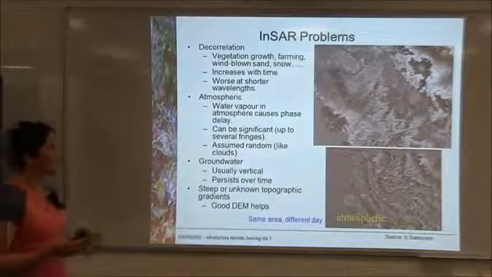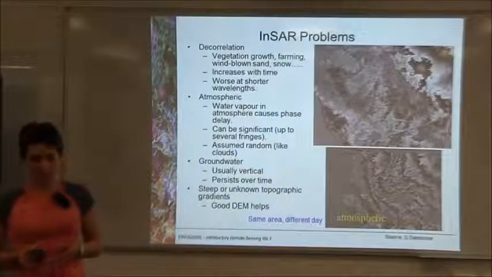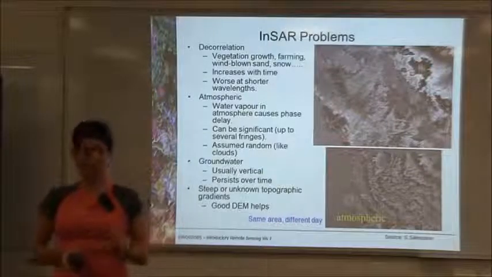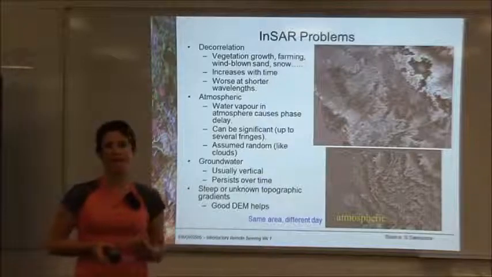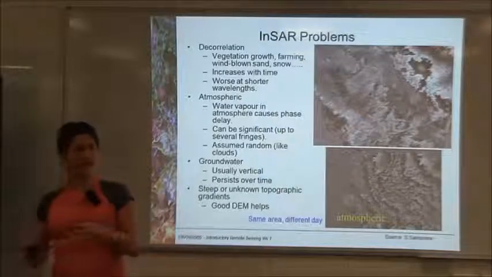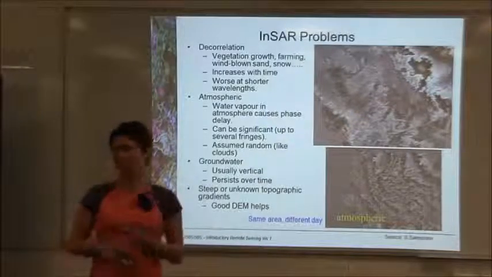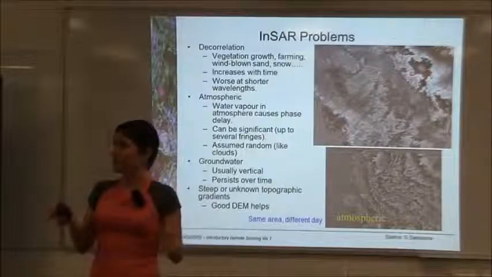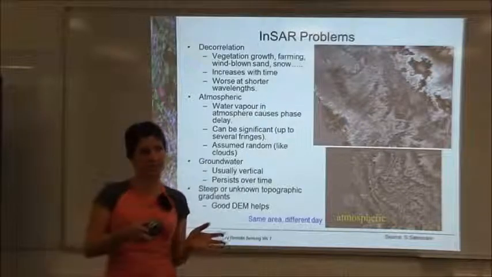Okay, so some problems that we have with these techniques. I find radar data really, really difficult to analyse. And if you look at the techniques that we deal with in this class, we look only at optical data, so Landsat, MODIS, WorldView. That's where my area of interest and expertise is.